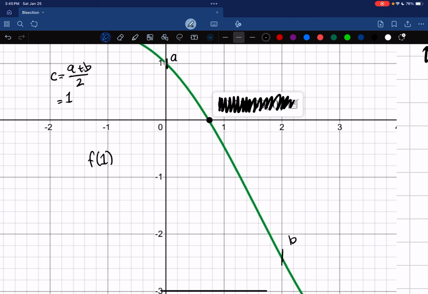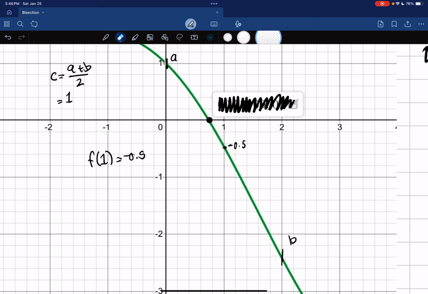It's somewhere here. Let's say this is like 0.5. So this is 0.5 negative.